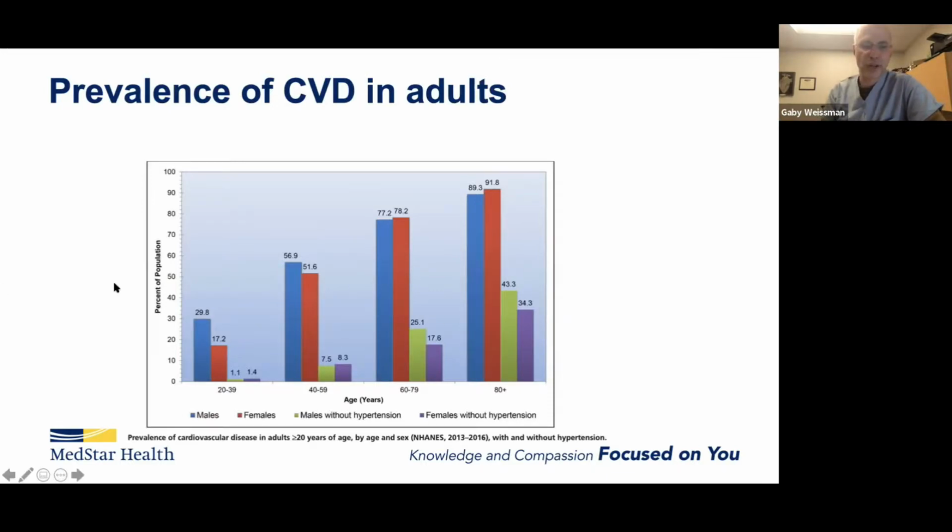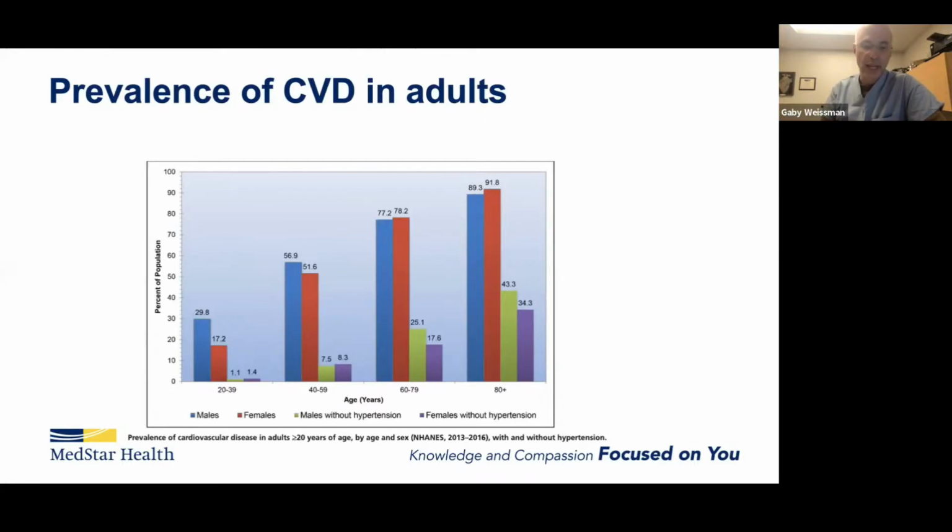If you look at cardiovascular disease prevalence in the population greater than the age of 80, almost everybody has some sort of cardiovascular disease. And as you get younger, looking at 20 to 40-year-olds, people you think don't really have cardiovascular disease, it's still not an insubstantial proportion of the population: 30% of males, almost 20% of women.